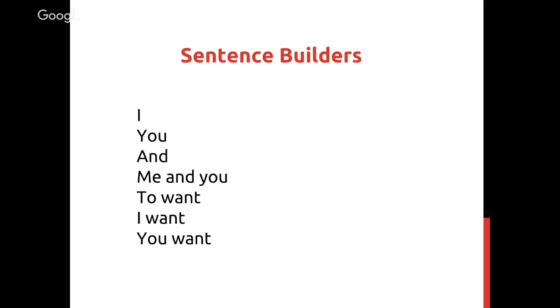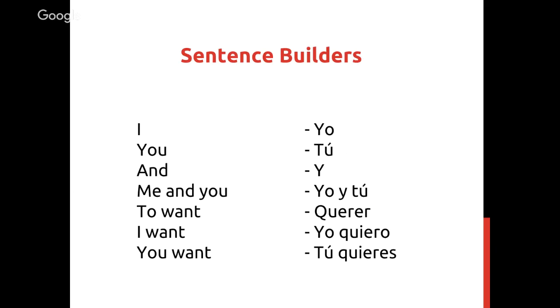So far we have learned these words here. Do you remember the Spanish equivalent of these words in English? Okay, I'm gonna show it to you. Yo, tú, y, yo y tú, querer, yo quiero, y tú quieres. Okay?